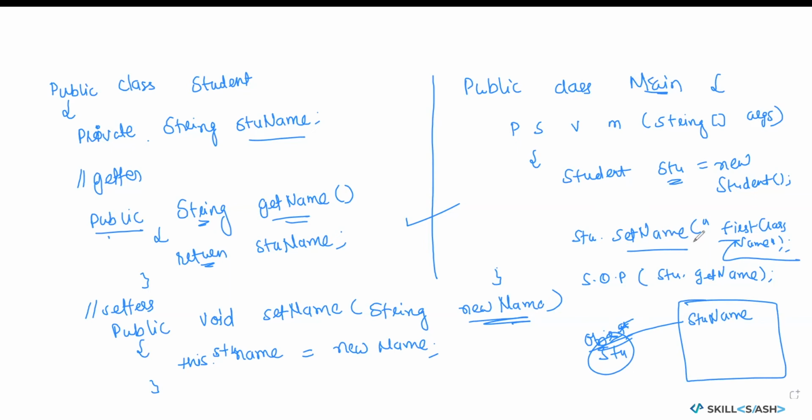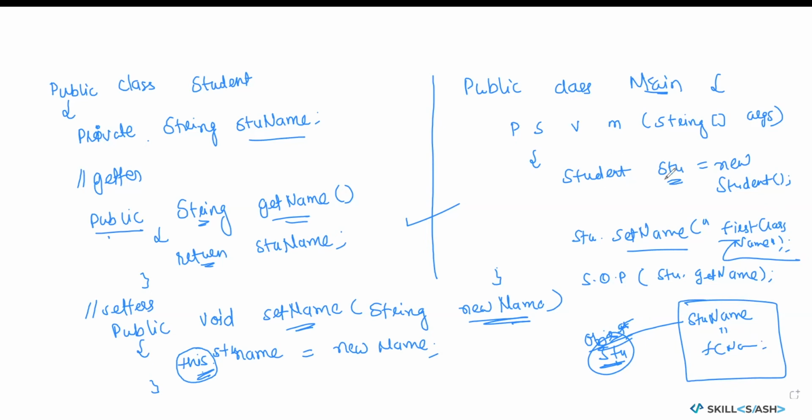So when I do setName, it checks that you have to do stu.setName, right? So stu has called this method setName, and for that this variable has to be used, this.stuName. That means stu's stuName I have to set as whatever first name is given.